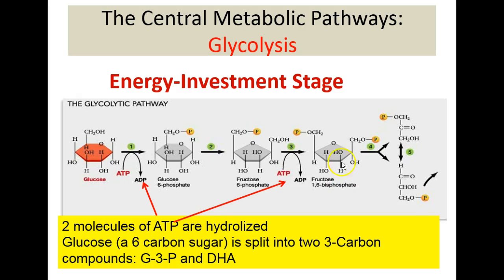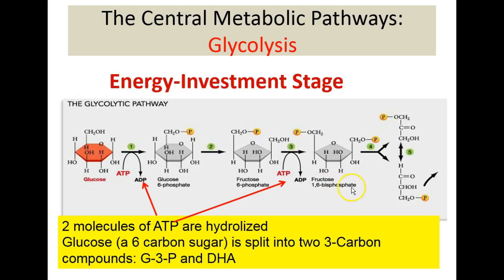1,6-biphosphate. What we now have is a molecule that can be easily split because it has two unstable phosphate groups that will allow the molecule to split into two 3-carbon compounds. That will be the last stage in the energy investment stage of glycolysis.